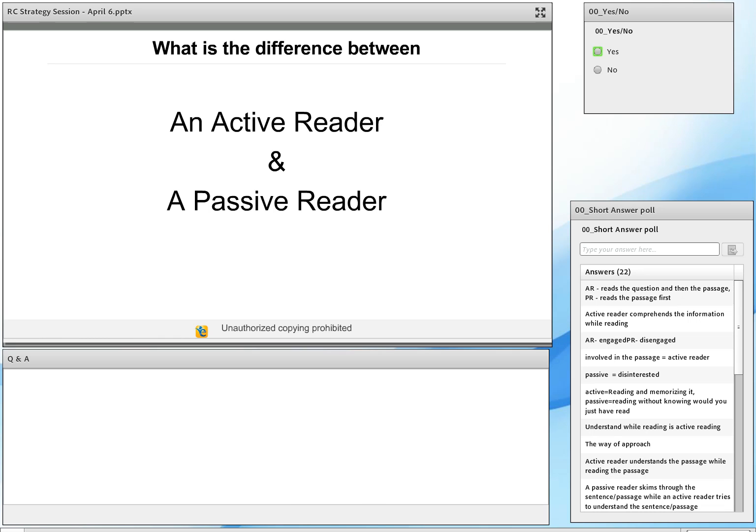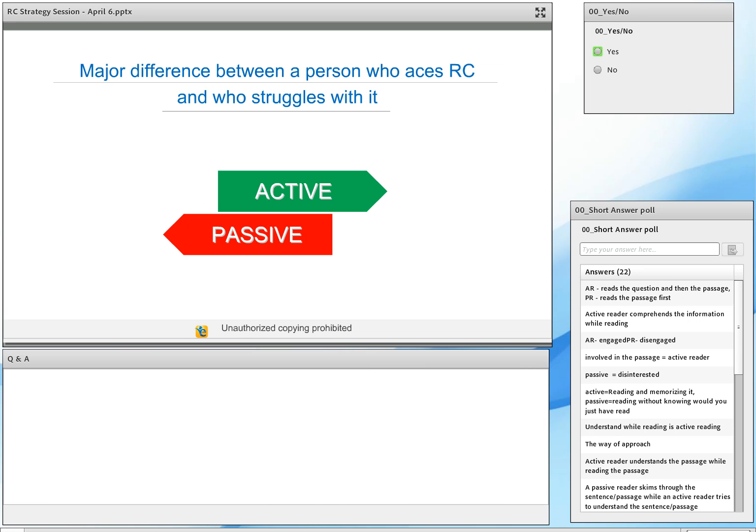Okay. Now, it is this difference, the major difference between a person who aces reading comprehension and who struggles with it, that actually comes from whether you are an active reader or a passive reader. So, the moment you switch your mode of reading from being a passive reader into an active reader, you are going to see things happen as you interact with the reading comprehension passage that you see on your screen.